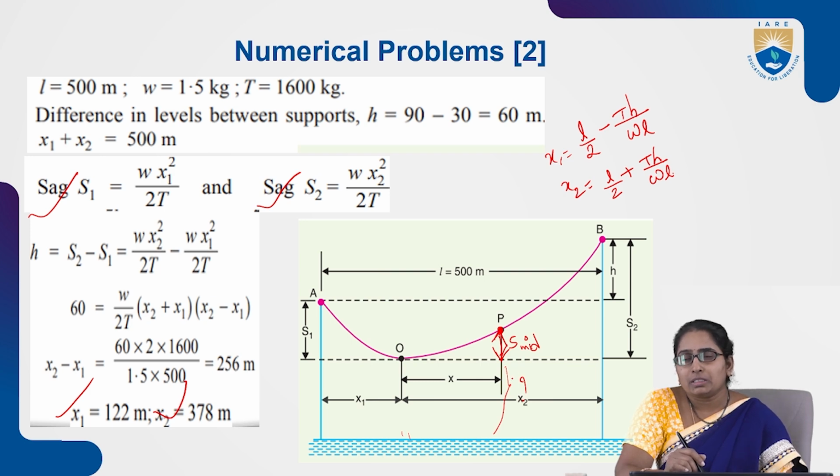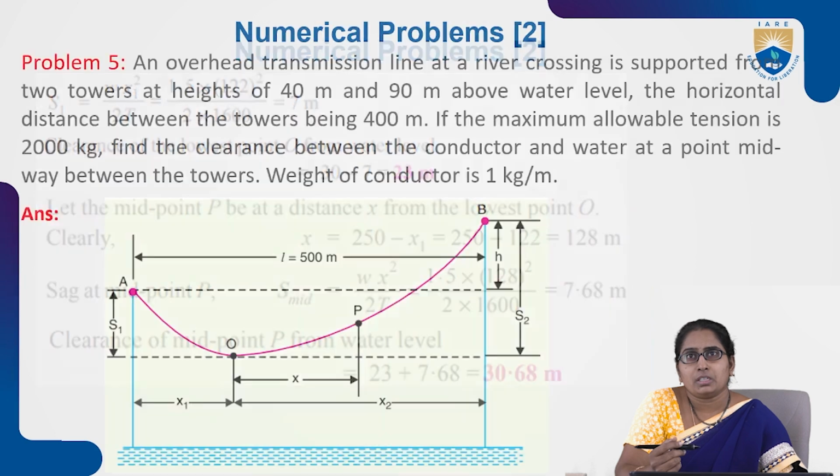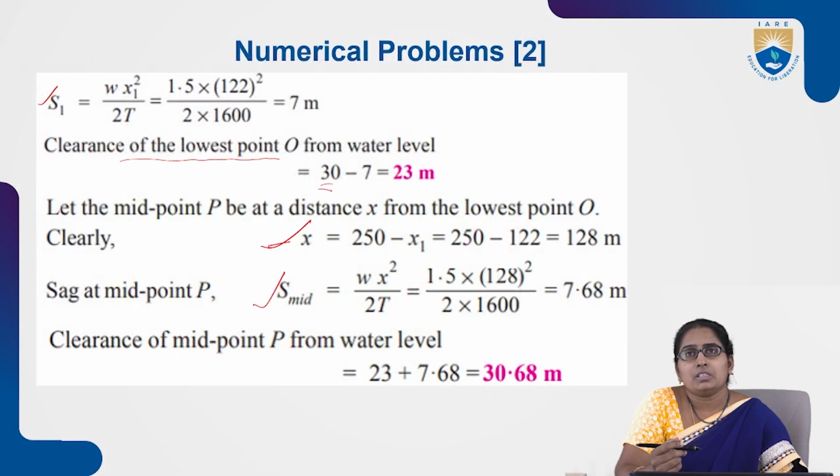So adding this value to the lowest point clearance will give the clearance at the midpoint. So that is what is done.